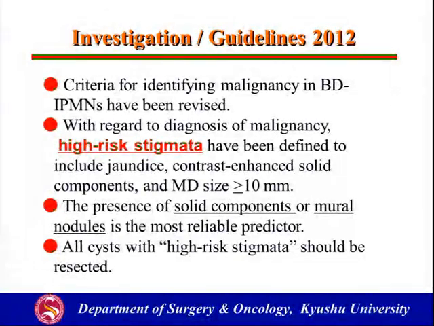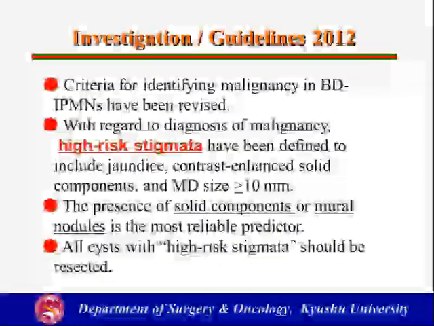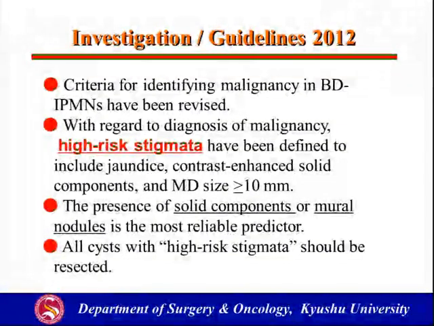Criteria for identifying malignancy in branch duct IPMN, called Sendai criteria, have been revised this time. High-risk stigmata have been defined again to include jaundice, contrast-enhanced solid component, the size of the main pancreatic duct equal to or more than 10 millimeter.